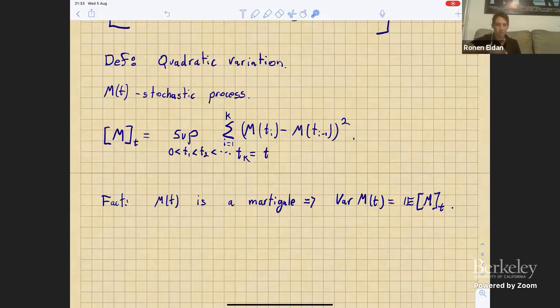I look at the expectation, and this is going to be equal to the variance. Yes, exactly. It's any bounded K, the supremum over bounded K.